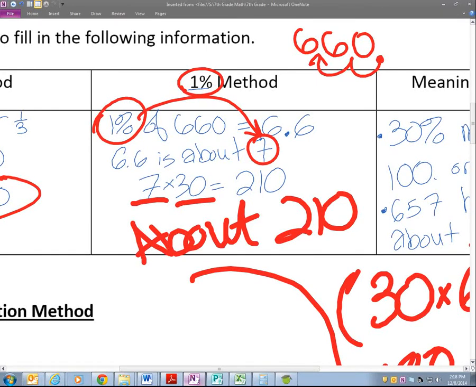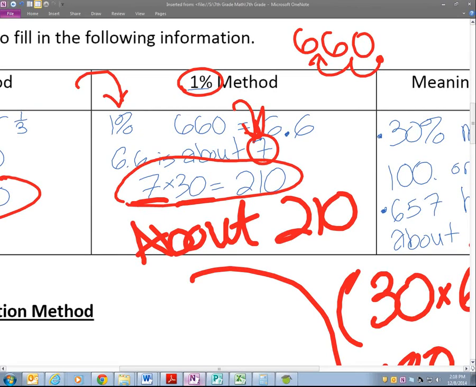Okay. How do we get 1% to 30%? What would we need to do? Yes, multiply it by 30. So we took the 1% that we found out to be 7, but we need that 1% to be 30 times, so we multiplied 7 times 30 to get about 210.